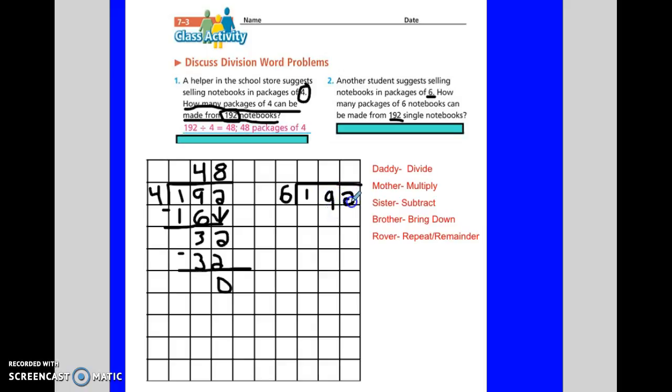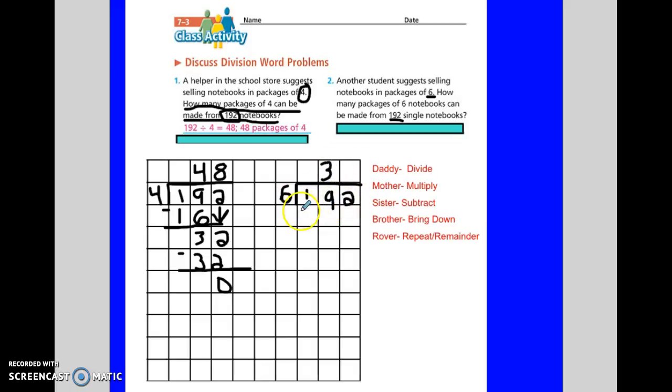All right. And then I go ahead and do the first step, D, divide. 6 into 1 can't because this is a smaller number, so I have to do 6 into 19. Well, I know 6 times 2 is 12, so 6 times 3 is 18. That's really close to 19, and it's under 19, so I think that's going to work.